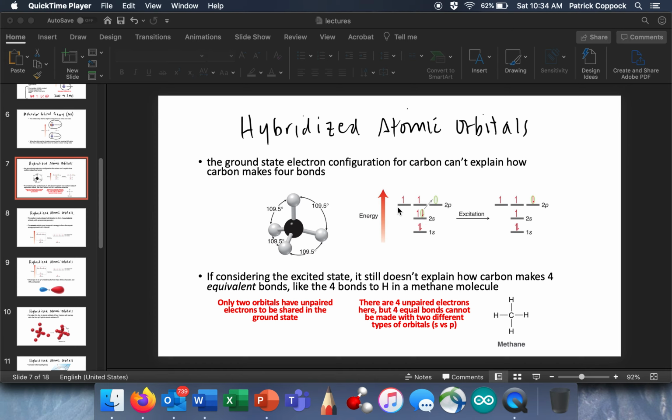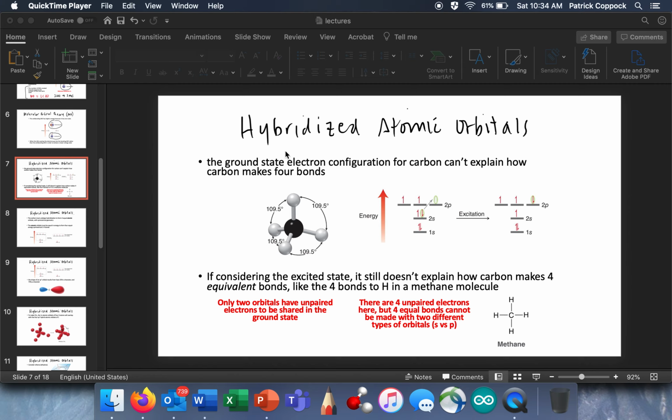But this does not explain how carbon can make 4 bonds. When we made methane, CH4, we made it with 4 equal bonds, and we learned that the angles between all of them were 109.5 degrees, right? So how is this possible?